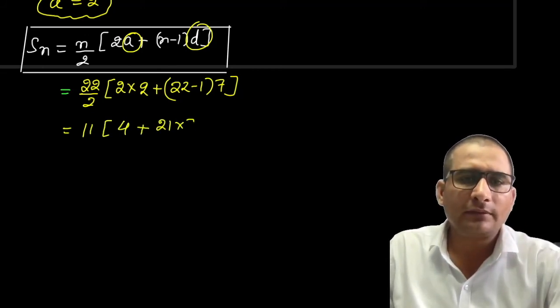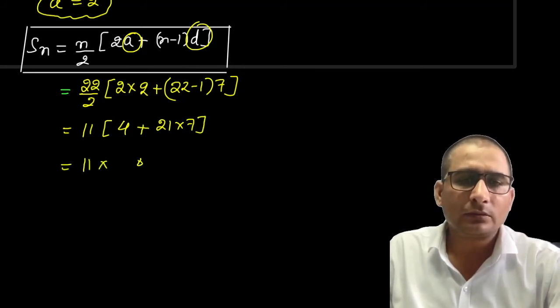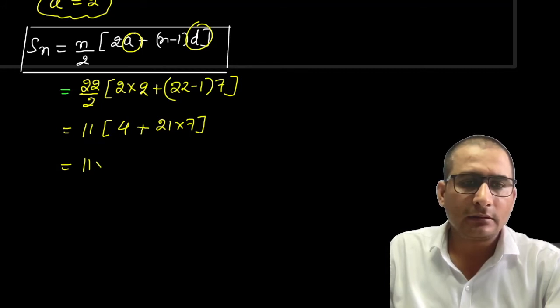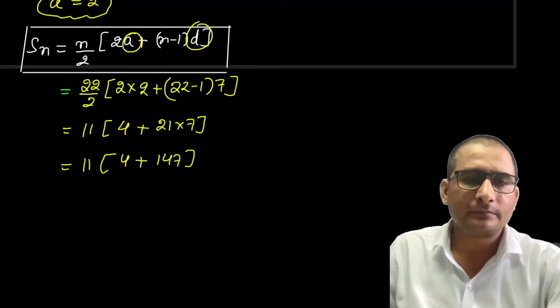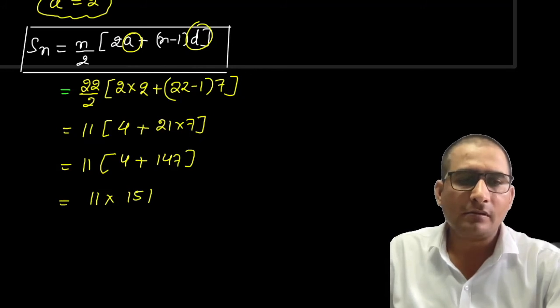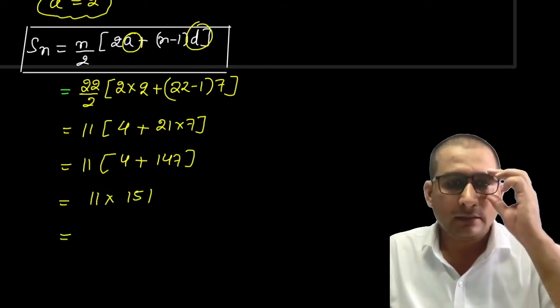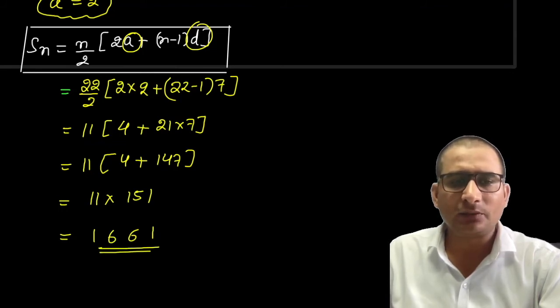So it becomes 21 into 7, 11 into 4 plus 147. It becomes 151. 11, yes, 151, and I think its multiplication is 1661.